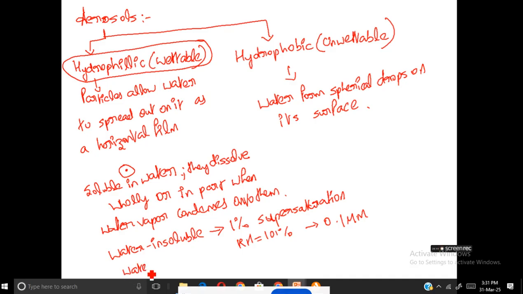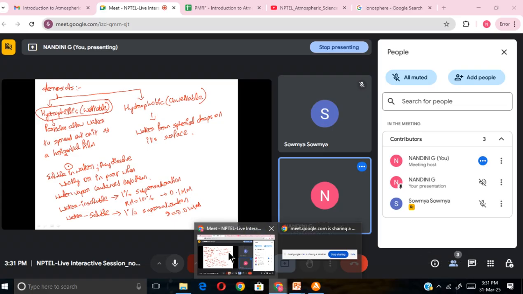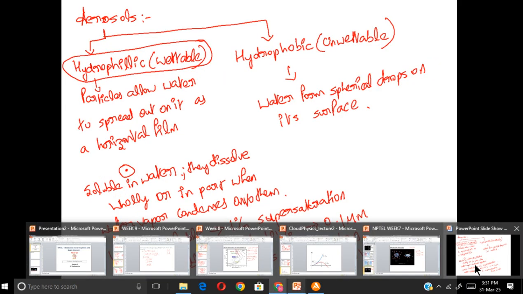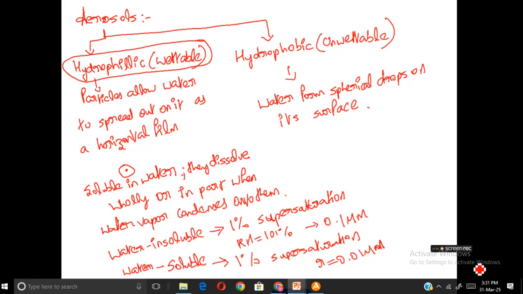So this is in case of water insoluble particles, whereas in case of water soluble particles, at 1% supersaturation, even if the radius of the particle is 0.01 micrometer, that is an order of magnitude less, it can act as cloud condensation nuclei.